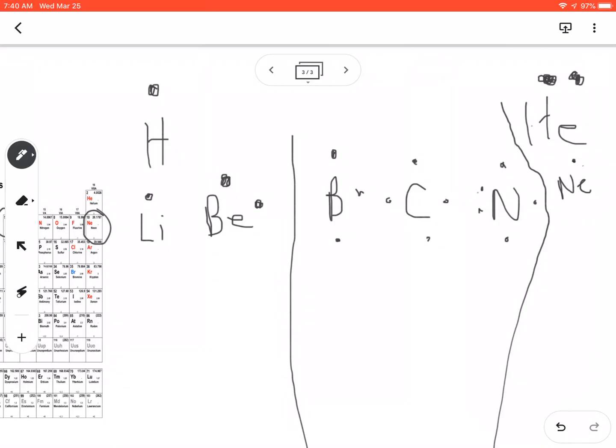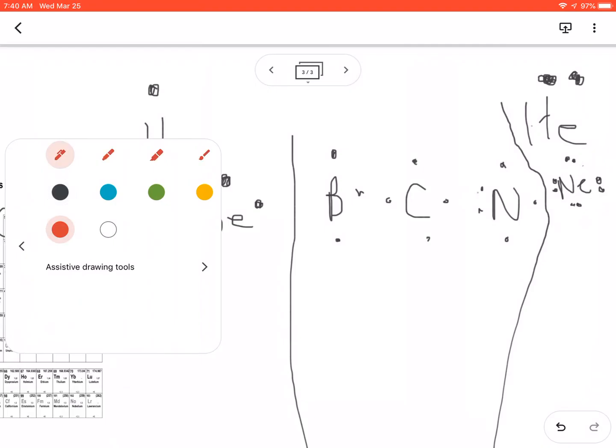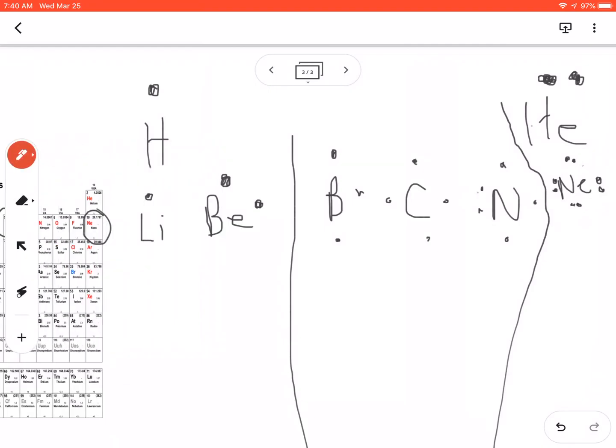Ne, 1, 2, 3, 4, 5, 6, 7, 8. There is neon. Okay, now neon is special, like helium, in that its outer shell is full. And that's why neon doesn't react, because its outer shell is full.